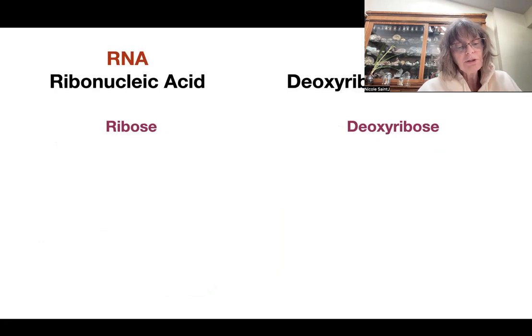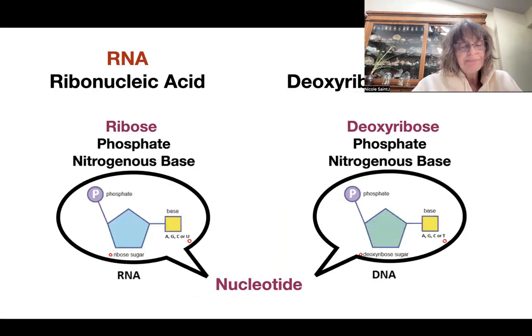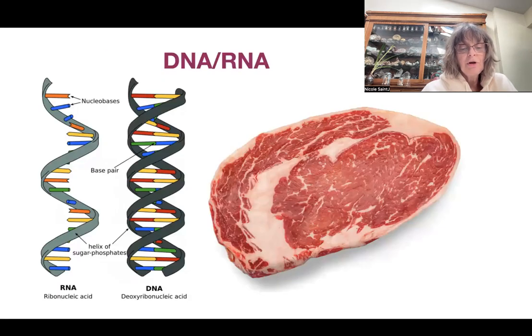The smallest unit of the DNA and RNA is the nucleotide. And a nucleotide is a simple sugar plus a phosphate group plus the base that contains a nitrogen. So if we connect a bunch of nucleotides, we get the helix shape for RNA and the double helix for the DNA.